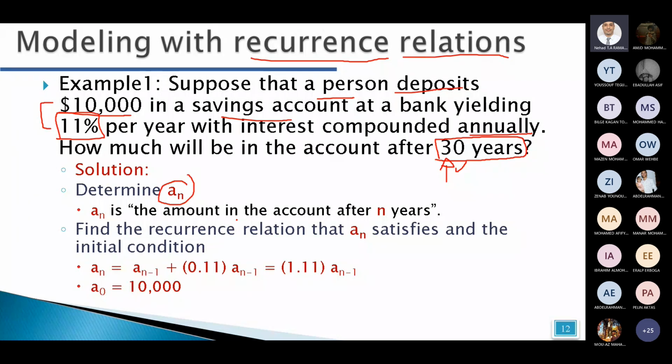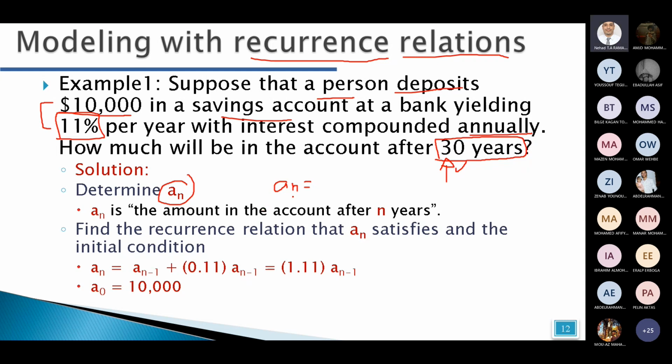First, you need to get the recurrence relation. Actually, the recurrence relation is very clear. Each year, AN is equal to the previous year plus the previous year multiplied by 0.11.